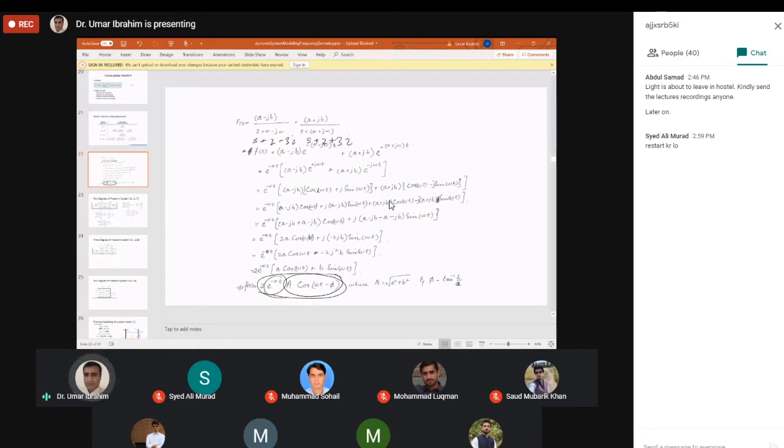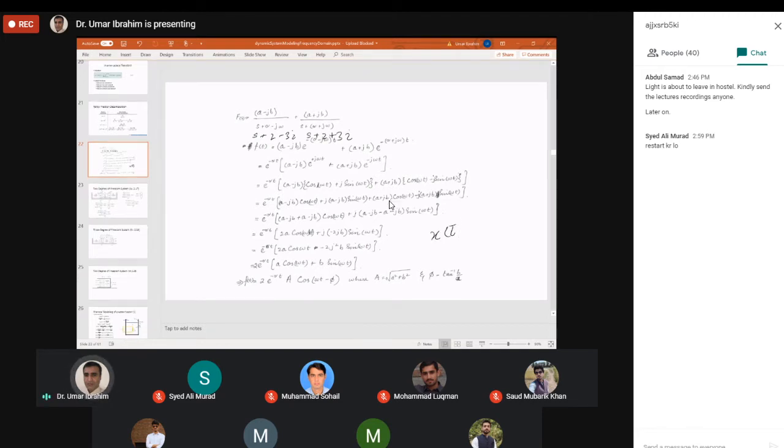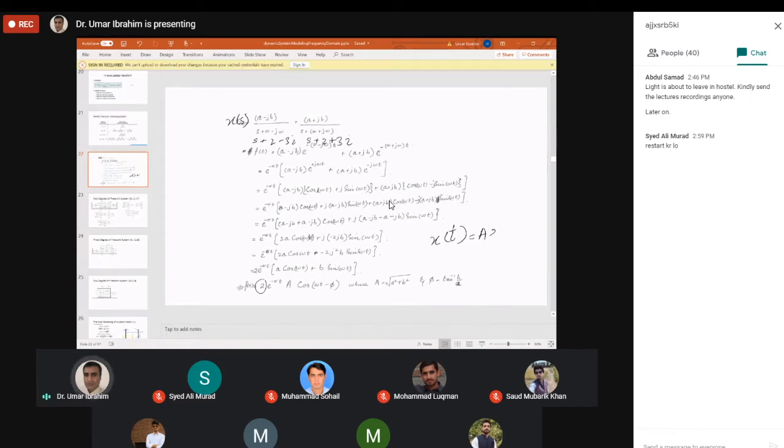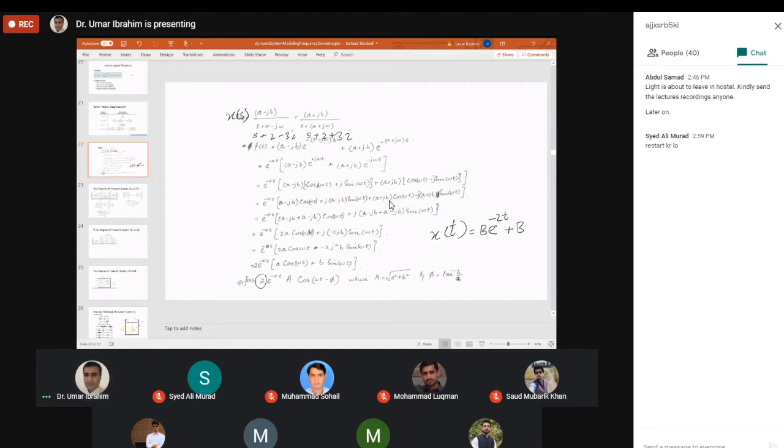So the response x of t will be equal to b e raised to the power minus 2t plus b cos omega t minus phi.